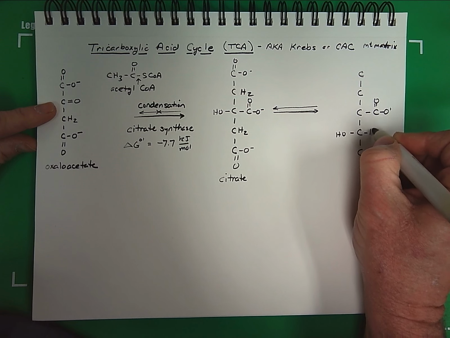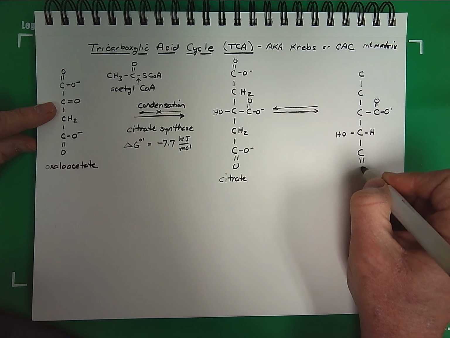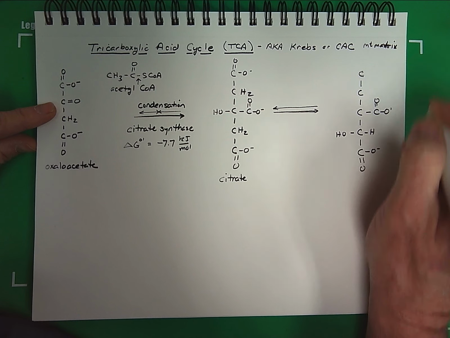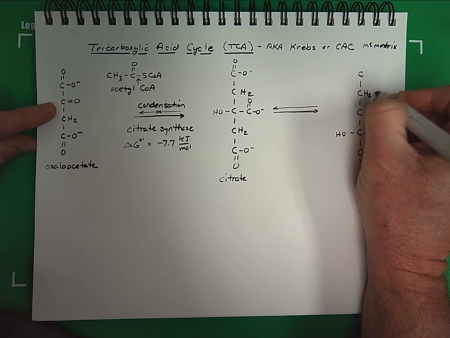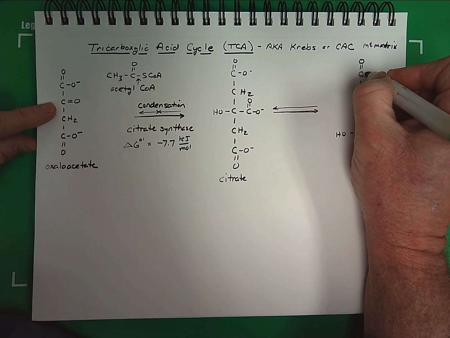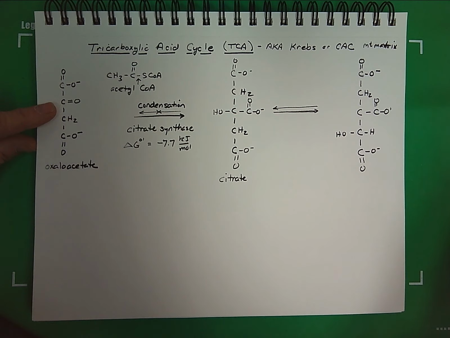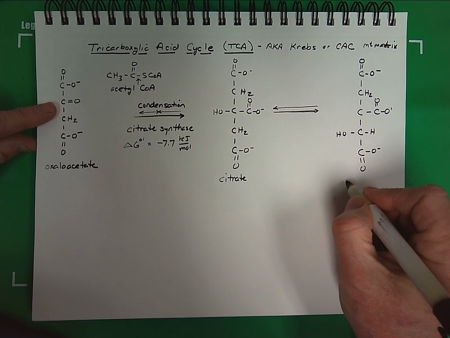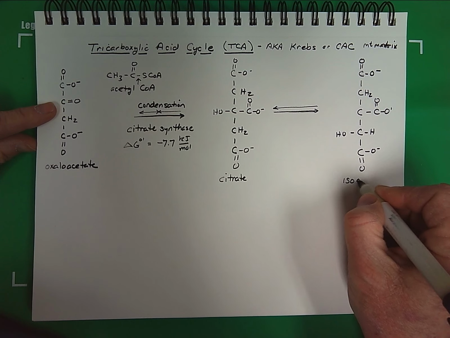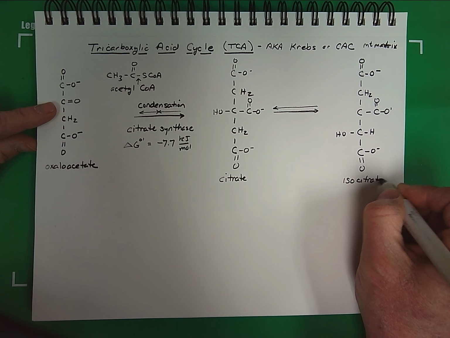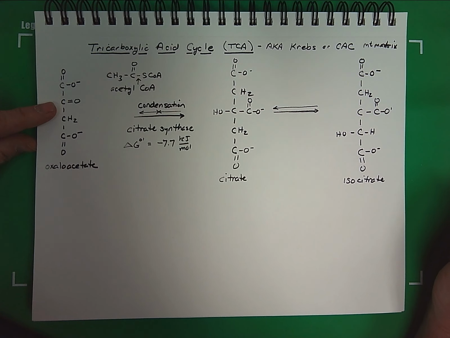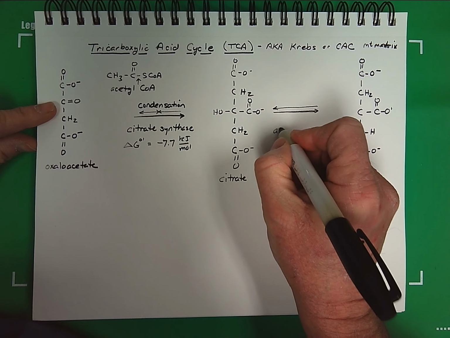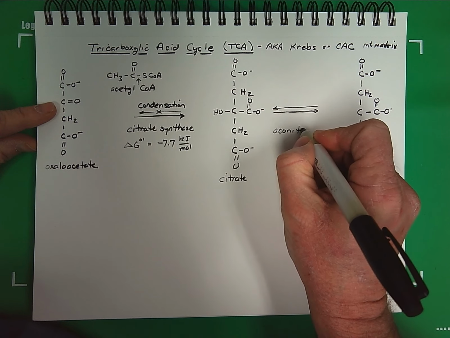We're moving the hydroxyl group down one carbon. This particular intermediate is called isocitrate. The enzyme that performs this reaction is called aconitase.